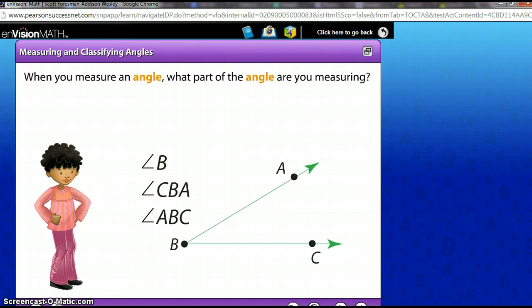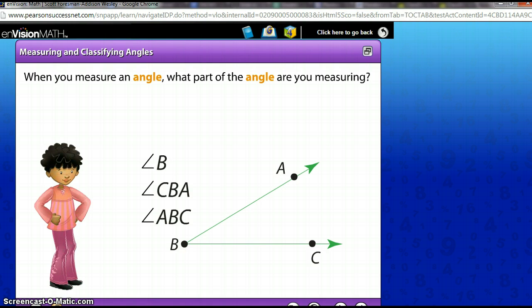When you measure an angle, what part of the angle are you measuring? Aaliyah, put that down for now, please. What are we really measuring here today? What do you think, Claire? The vertex, she says. What do you think, Kyle?